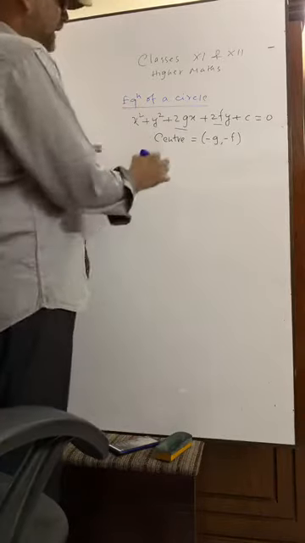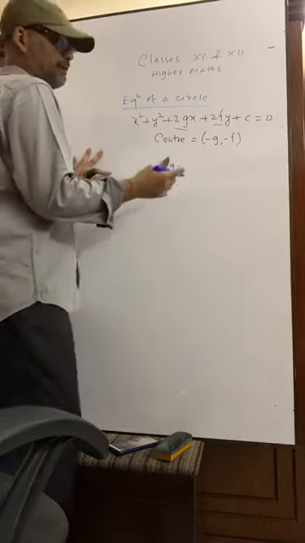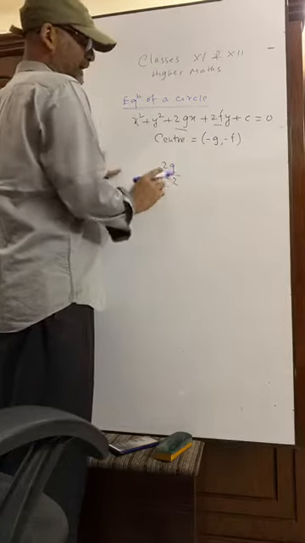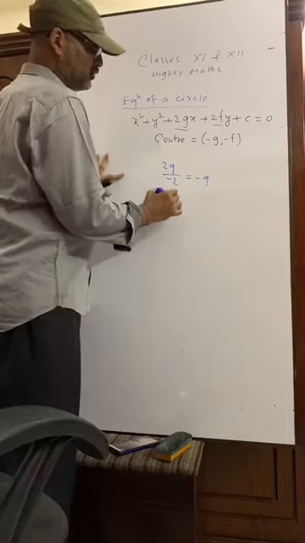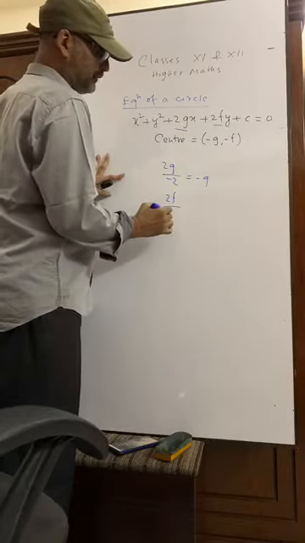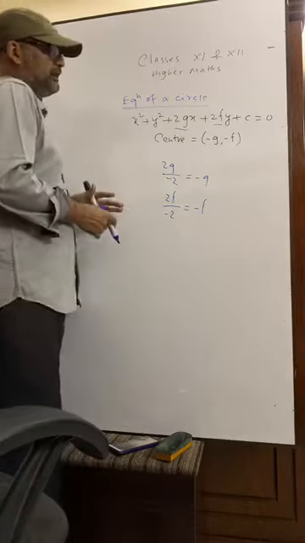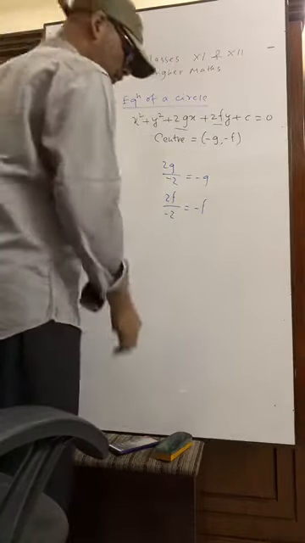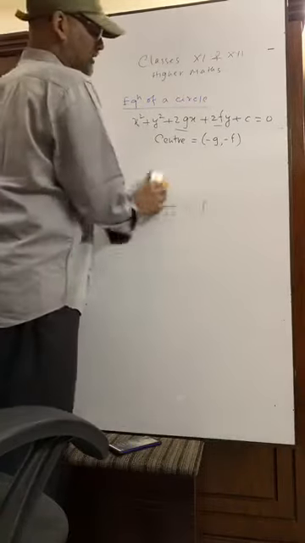So if we divide 2g by minus 2, we get minus g. Similarly, 2f divided by minus 2 gives minus f. Okay, have you seen? This is the way you can determine the center of a circle.